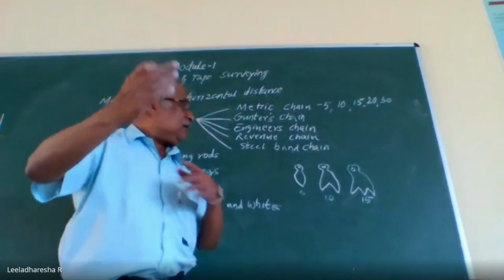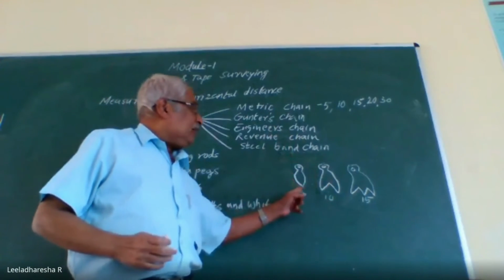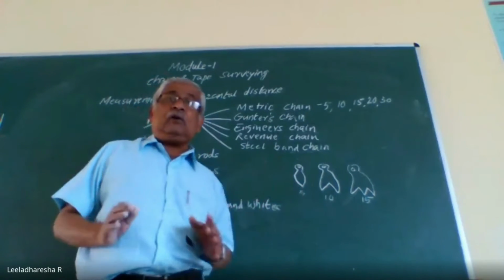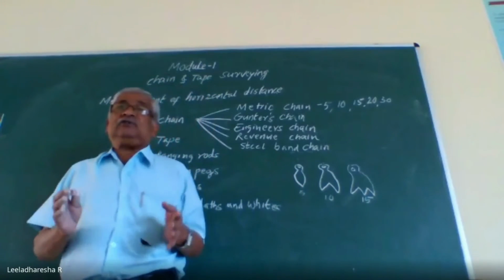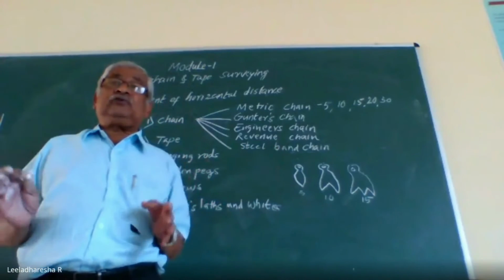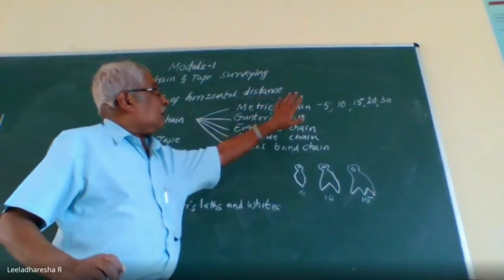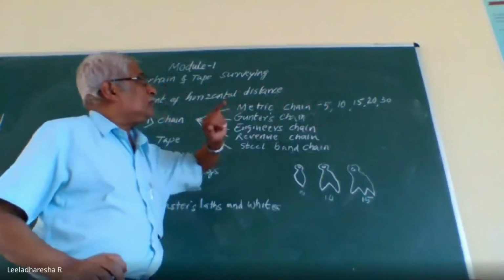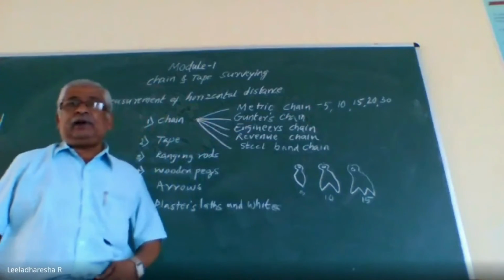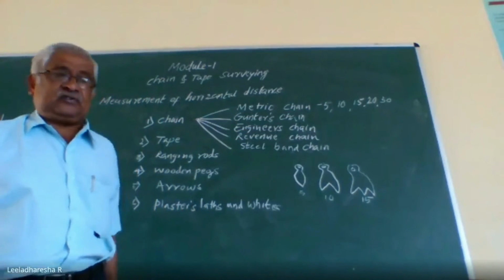Again at 20 meter you find this type of brass leaf. Again at 25 you find a single leaf. So this is how you need to recognize the length of measurement made by using a chain. And as I told you, these are available in 5 sizes: 5 meter, 10 meter, 15, 20, and 30 meter chain. These are all metric chains.